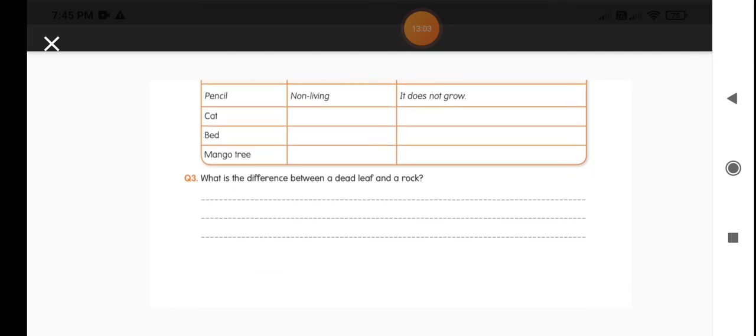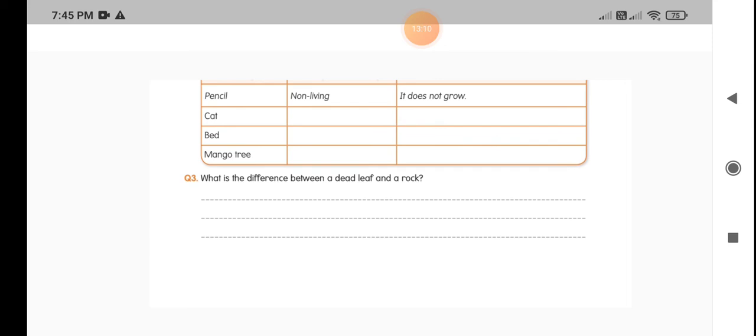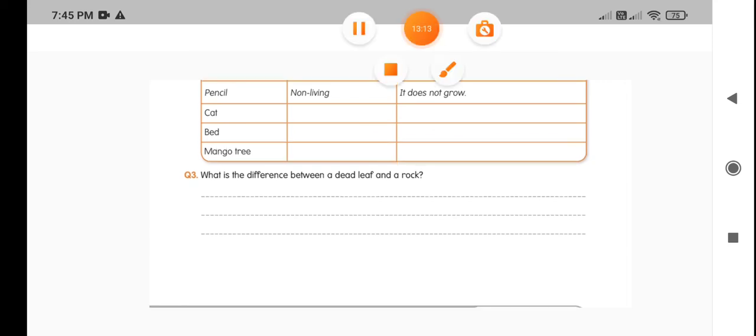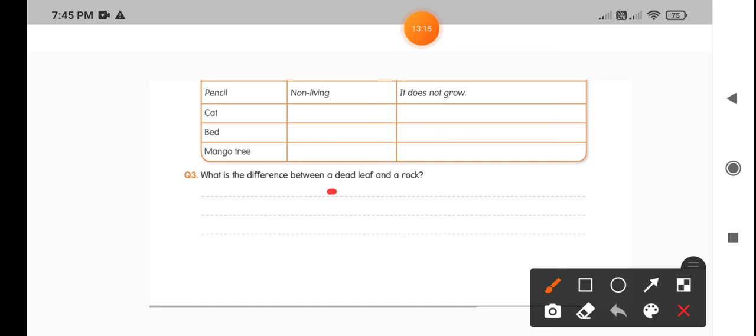And the third one is, what is the difference between a dead leaf and a rock? Just now I told you dead leaf is once upon a time it was a living thing. But now it became non-living thing. Whereas rock from the beginning, it's a non-living thing. That's what you write in your own words. And if you find any other difference between dead leaf and the rock, you can mention.